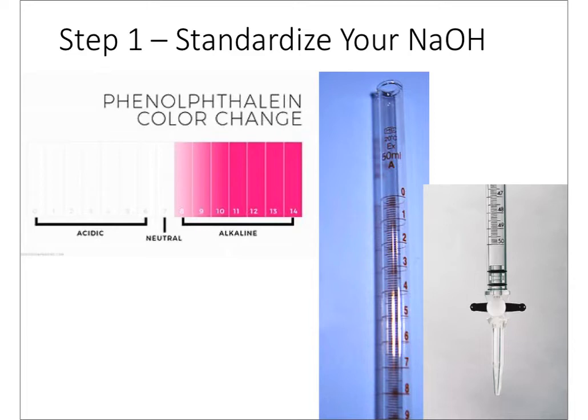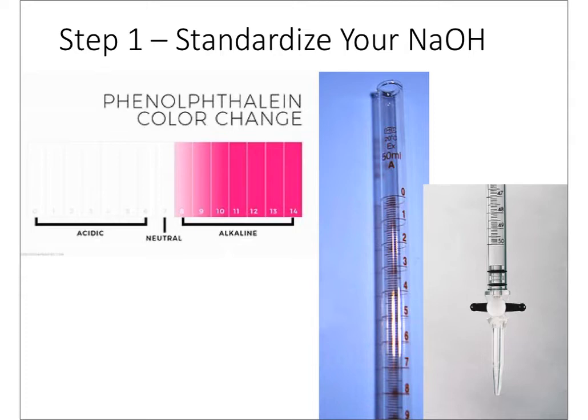Once your solution begins to turn slightly pink, you're sitting between the pH 7 and pH 8 range. That's why if you ever got a really dark pink like this, you might have been yelled at by your lab instructor to redo it. So that's why we use phenolphthalein, and you're just adding until you get to this pink color.